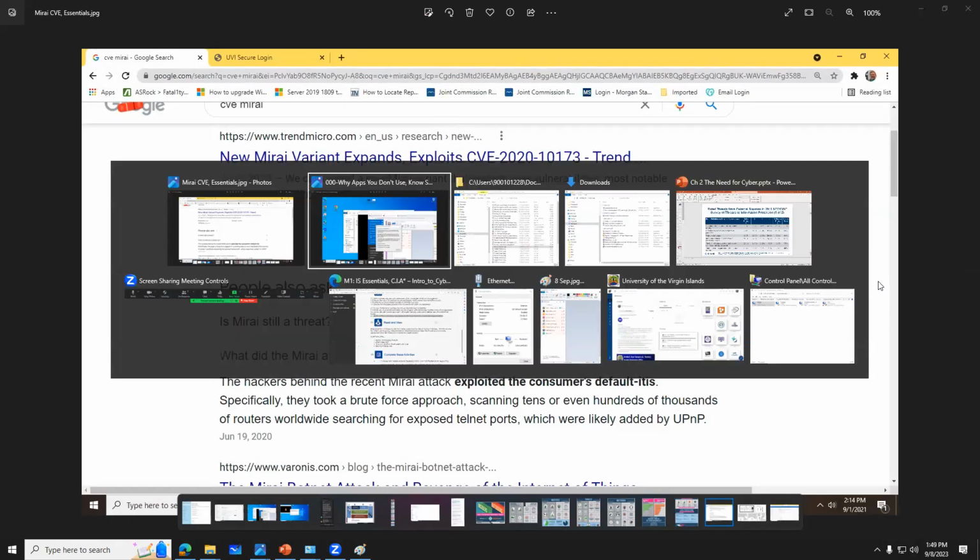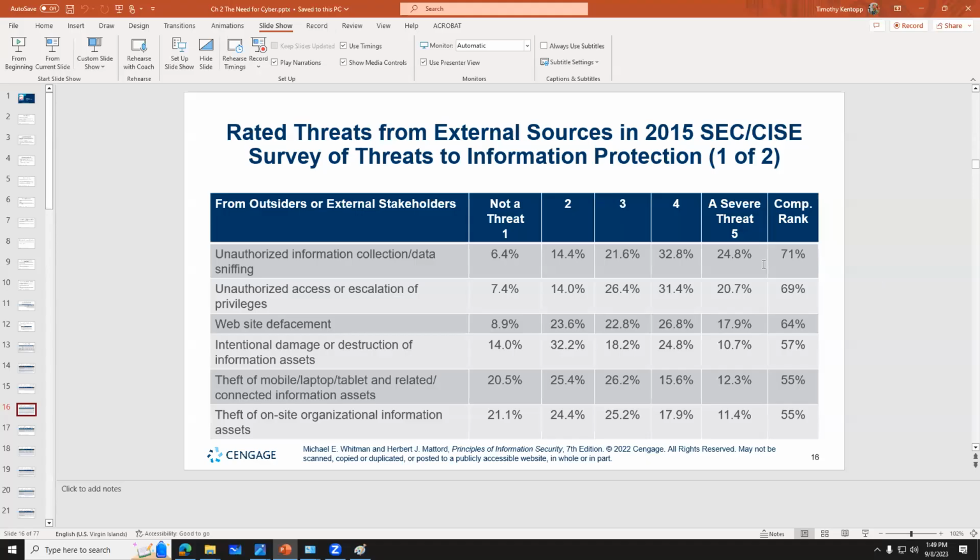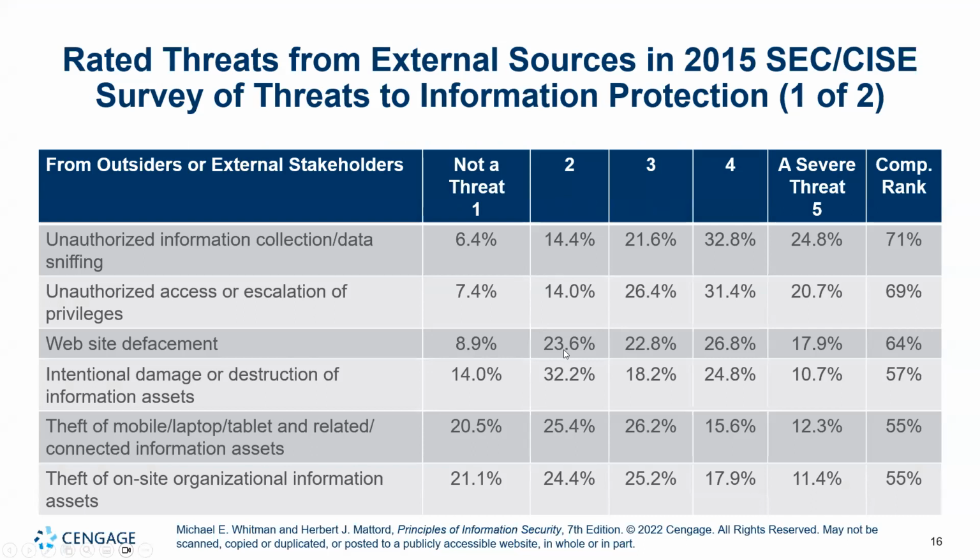Let's pivot back to our slides. I want you to note that most of what's important or relevant for the rest of chapter 2 slides is embedded in the study guide.